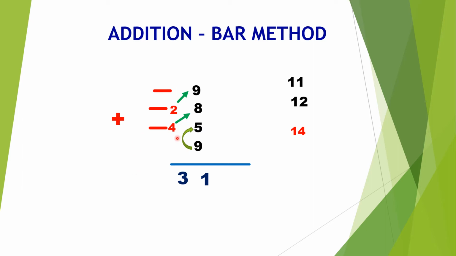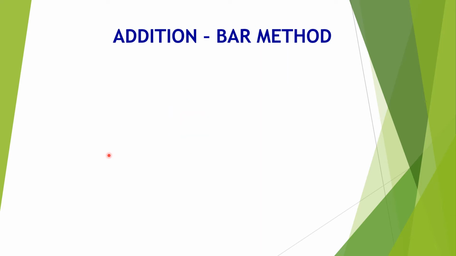So these arrow marks and these numbers I have taken so that you will understand how to do the addition. Now let's see the same sum without using these arrow marks, only using bars. The same addition: 9 plus 8 plus 5 plus 9. So 9 plus 5, 14. So 14, 1 bar.